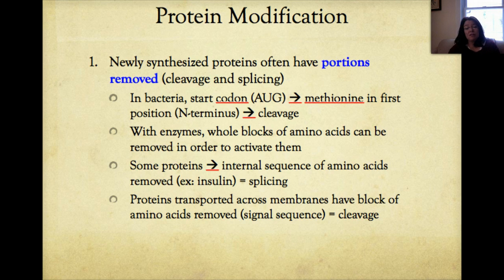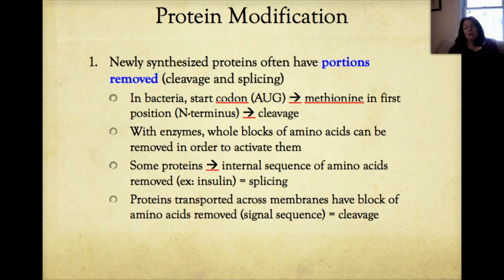And those 3 letters combined in a codon, AUG, signal the tRNA to place a methionine there in the first position of every protein. And of course that corresponds with what we would call the N terminus, the amino terminus. So that methionine gets cleaved off. It gets removed from the brand new protein in our bacteria.